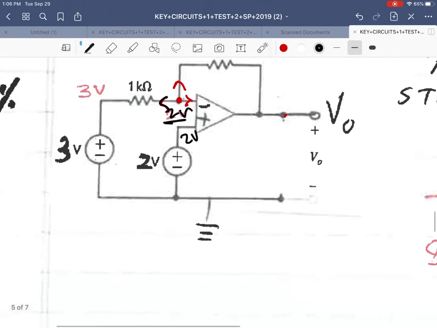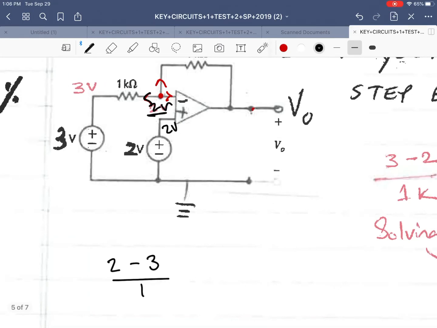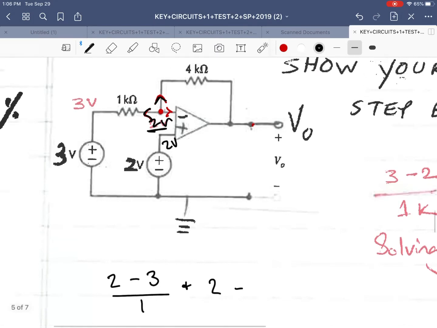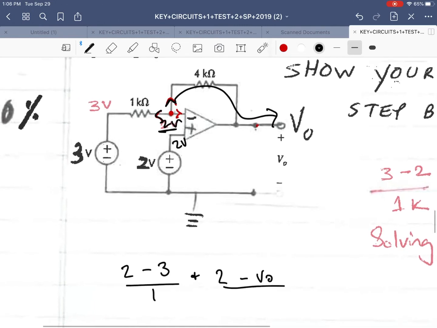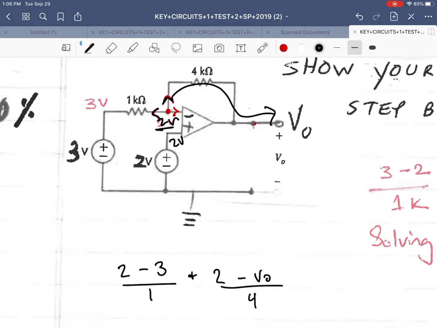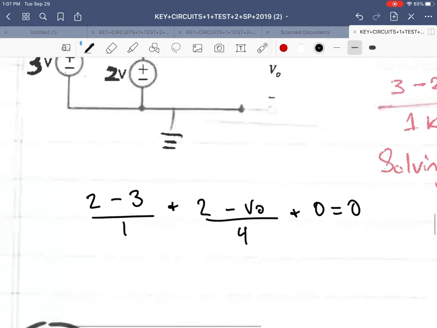Okay, and so looking at this left branch there, we have 2 higher minus lower, which is 3 over resistance 1, and then plus up here, which is 2 minus VO over resistance 4, plus, remember the voltage going in there is 0, which is equal to 0.